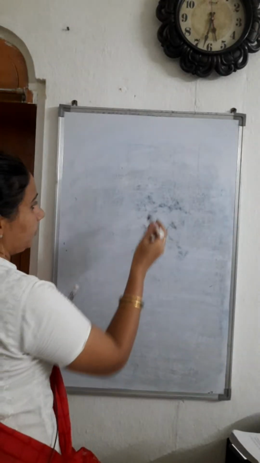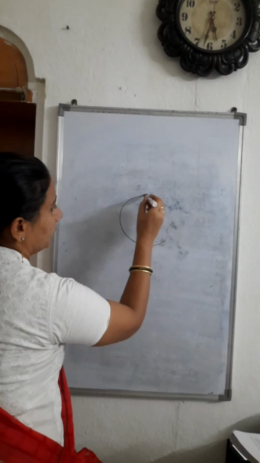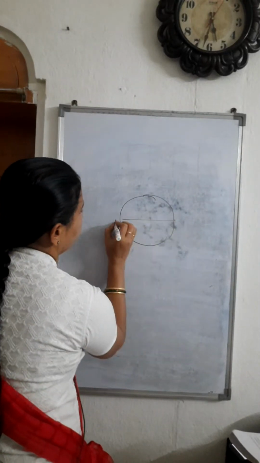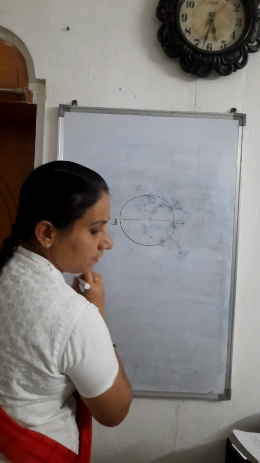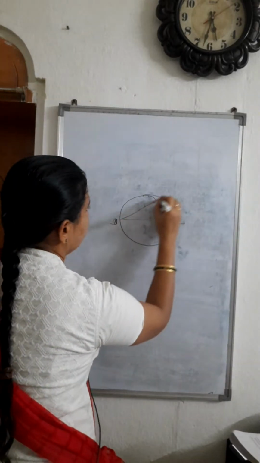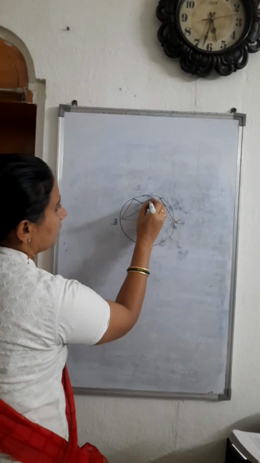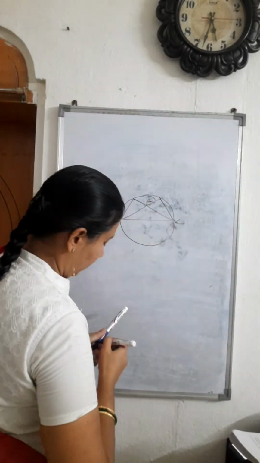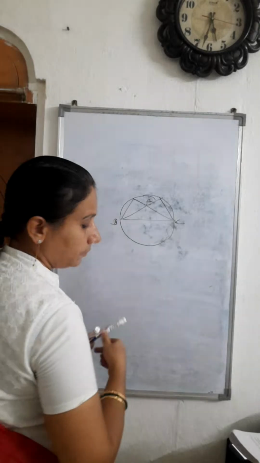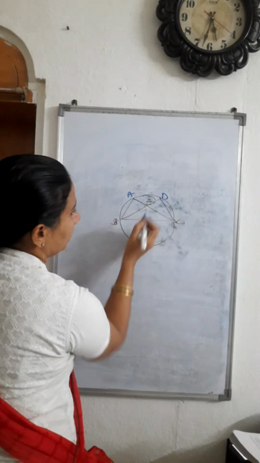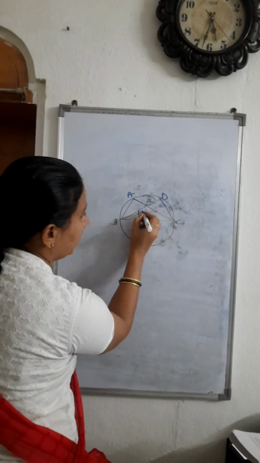In the fifth question, here BC is there. This is E, and this angle is given as 130.